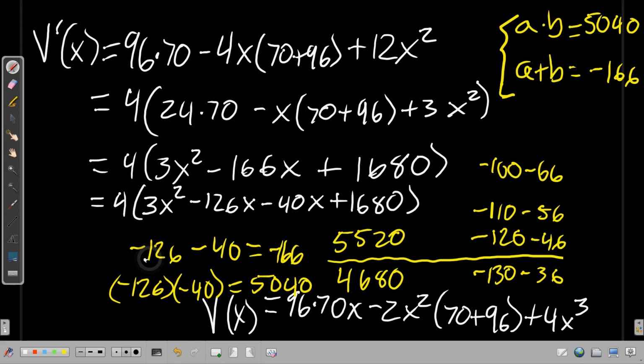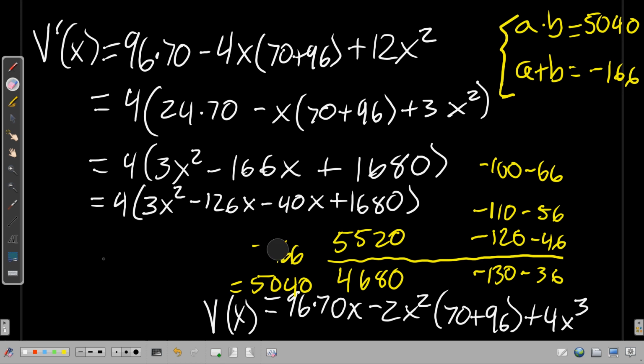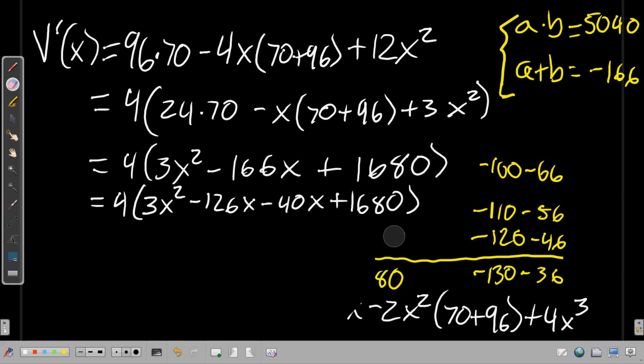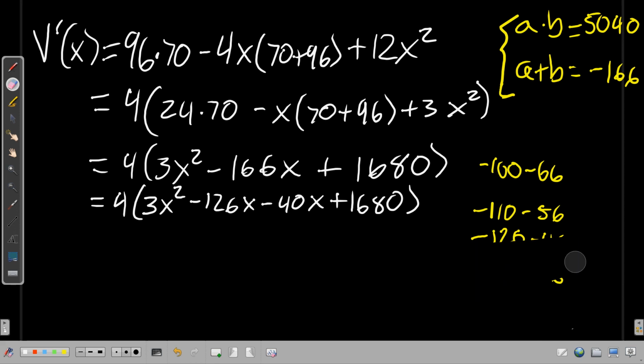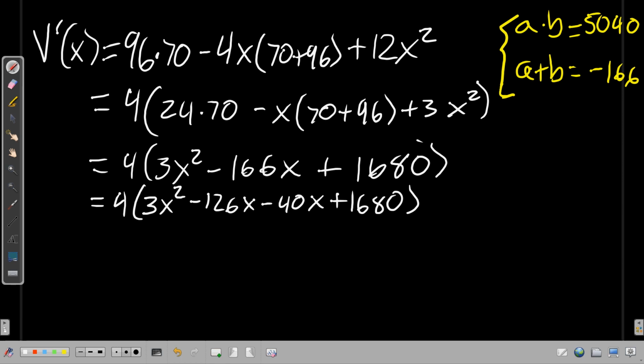And now it will factor by grouping, which is way easier than trying to factor that thing by the high school method of guess and check. That method would be so hard in this case because there are so many different factors of 3 and 1680 that it's just way too much to try and figure out. And this system is more methodical.